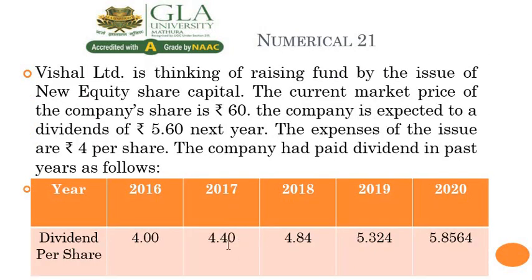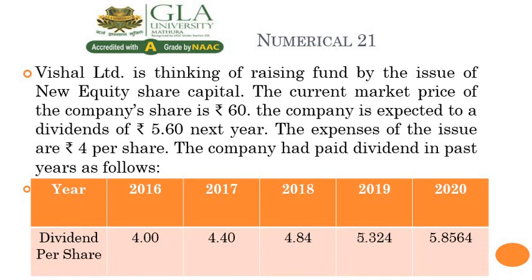Your existing is 4 rupees 40 paise and the change is 44 paise. So 44 into 100 upon 4 rupees 40 paise. Then also you find that the percentage change or growth rate is 10%.